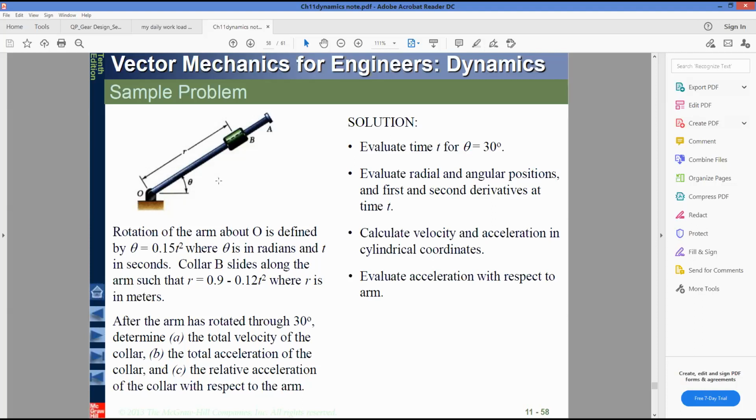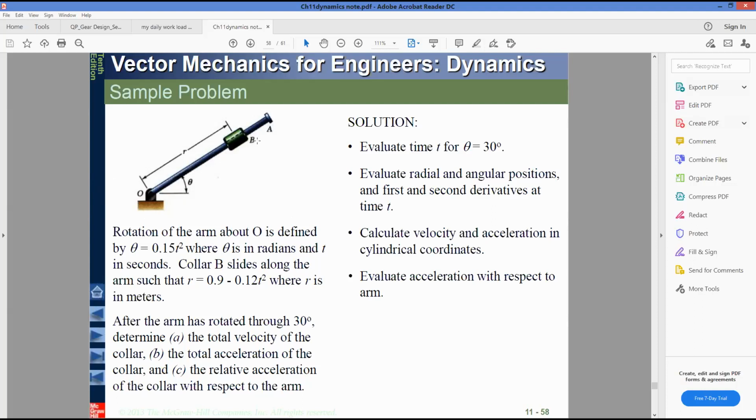The collar B, when OA rotates in circular motion, will move along this arm, towards the center O or away from the center O; it can only slide in such a manner.